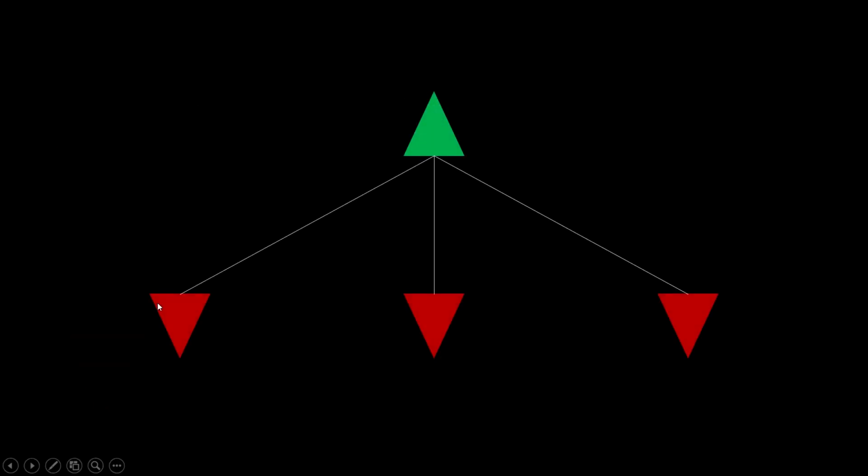So let's see how the breakdown would work. In this case, it's a simple breakdown, not a specific game. I have one node, which is trying to make the best decision to maximize my score, and I have the options of choosing against three minimizing actions.